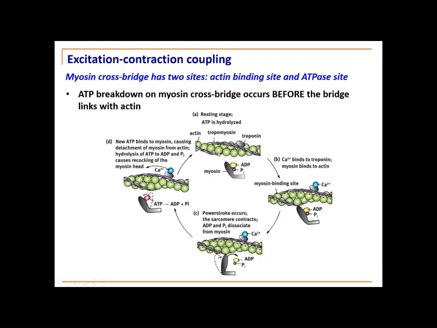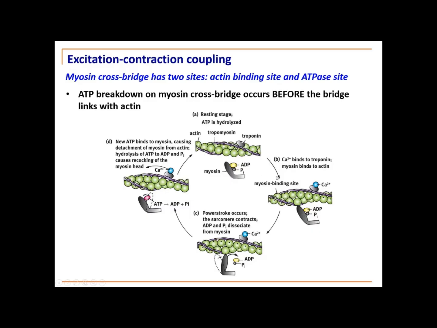So here's our little structure. Here's actin, here's our troponin complex, and here's tropomyosin. At the same time, we've got myosin, the myosin cross bridge with ADP and phosphate bound. So it's ready to go in the ADP phosphate configuration. In other words, the ATP has already been hydrolyzed and it's basically in a cocked position, just like the cocking of a gun, ready to go.